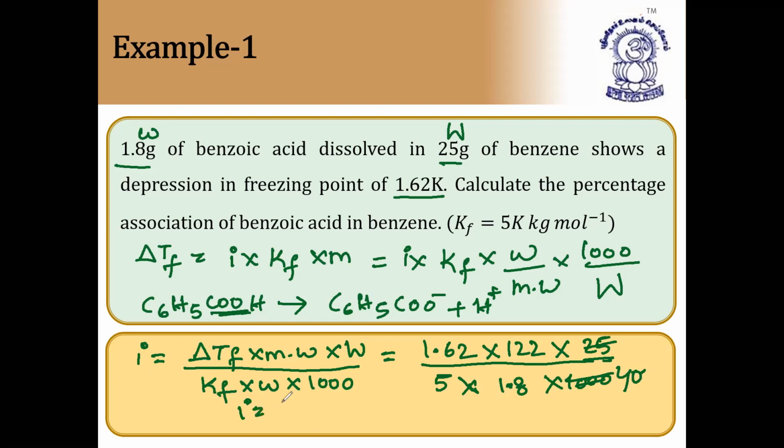The numerator value is 197.64, divided by the denominator value, 5 into 1.8 into 40, which is equal to 360. So 197.64 by 360, which is equal to 0.549.